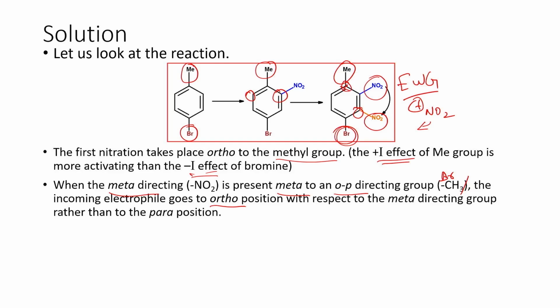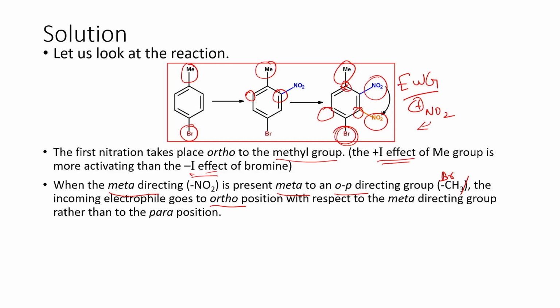So this is how the nitro group directs the incoming nitro group to the ortho position with respect to the place where it is present. Of course, there is also another possibility. The incoming nitro group can also go to the para position, but para is not highly possible in this particular case. That is the reason ortho substitution takes place very effectively. So the final product is going to be formed as shown here.